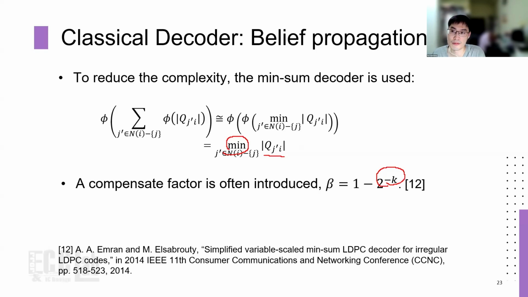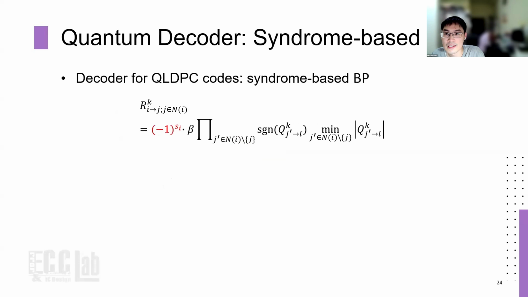But in practice, we will just set beta, the factor, to a fixed constant. For quantum codes, the syndrome-based BP is used. The check node to variable node update will take the syndrome into account, and the rest follows the min-sum algorithm.